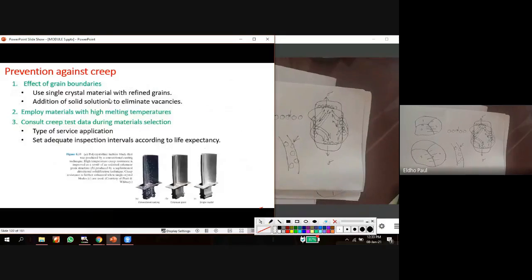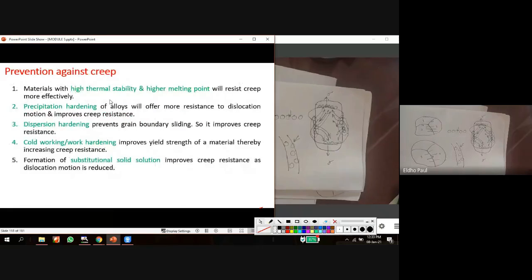And there are different methods for the prevention of creep. The first method is high thermal stability. If you take a material with high thermal stability and a high melting point, then we can reduce creep deformation.